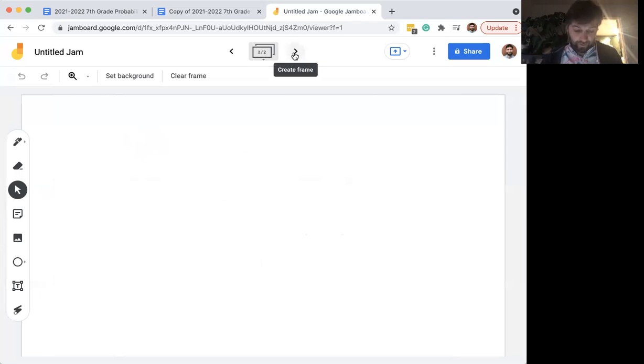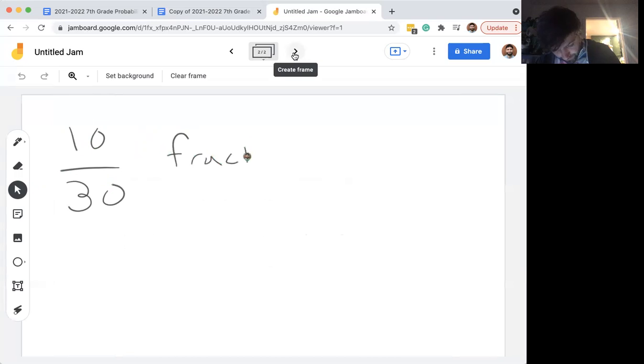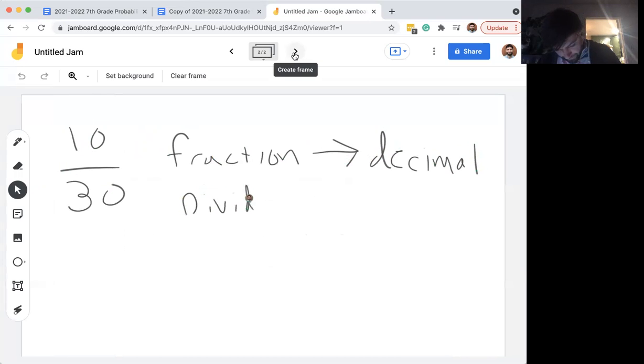Now we also need to do it as a decimal and percentage. So to turn a fraction into a decimal, you divide your numerator by your denominator.